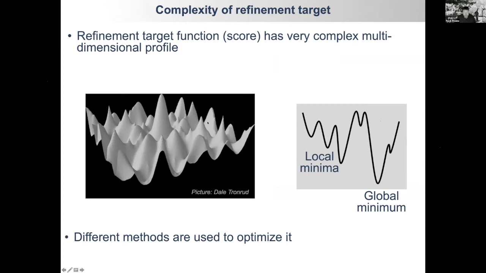If you take a slice through this multi-dimensional space, you'll see something like this, where that's your refinement target function.